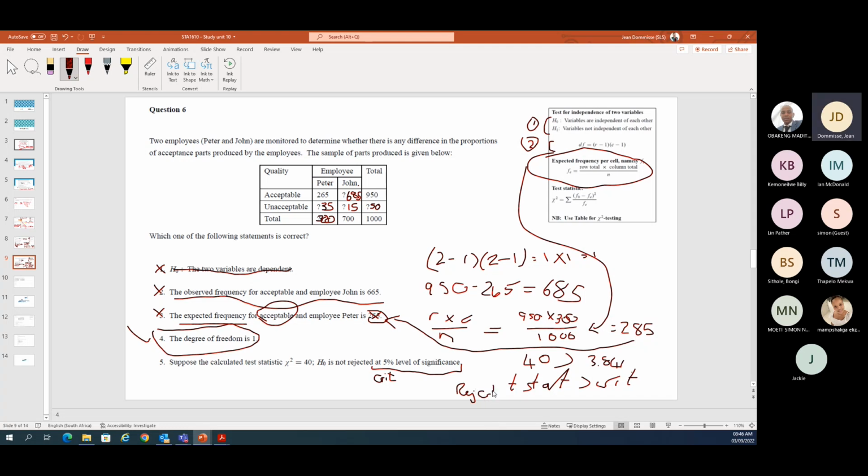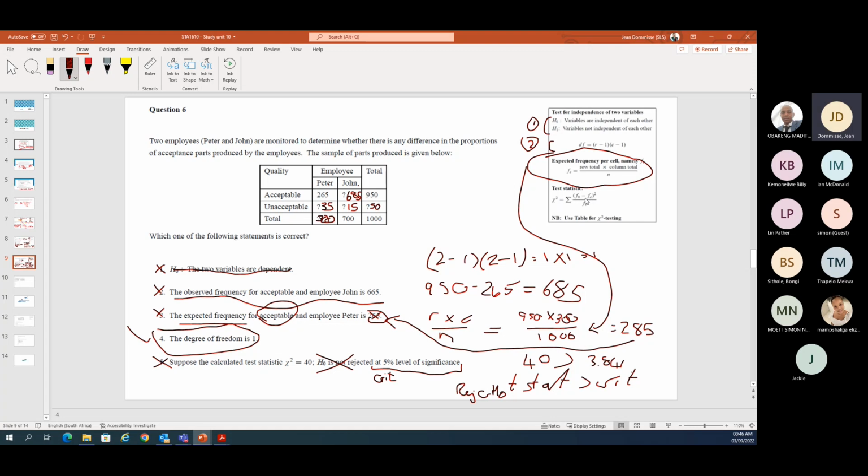H0, sorry for the spelling there. So is not rejected, is wrong. That's why that one is also wrong. Okay, so again, in this one question, we needed to do that, we needed to do that, we needed to do that.